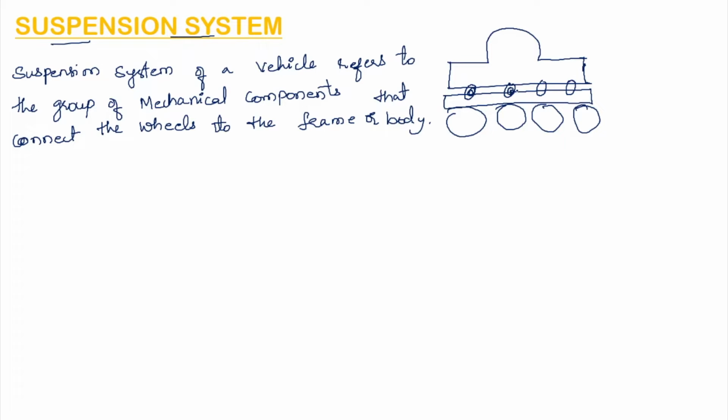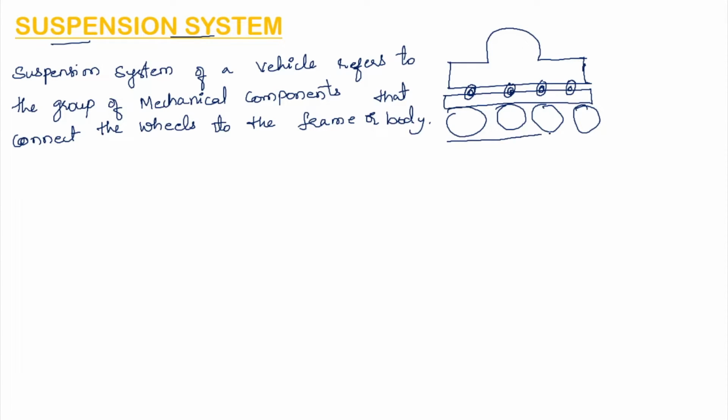Those are the springs. They are attaching the chassis to the body of the vehicle. So why are we attaching it with the help of springs? So that we will isolate the vehicle body from road shocks which may be in the form of bounce, pitch, roll or sway.